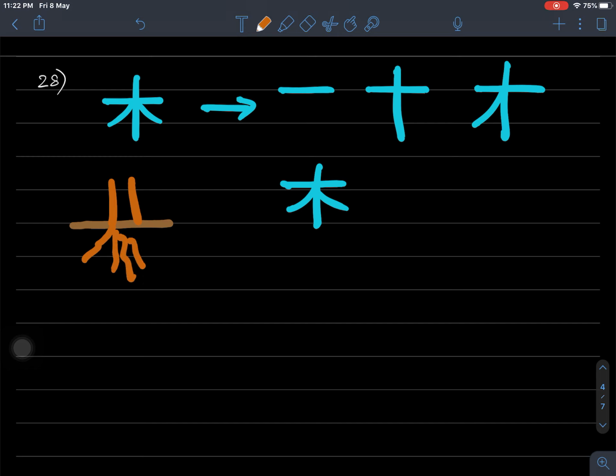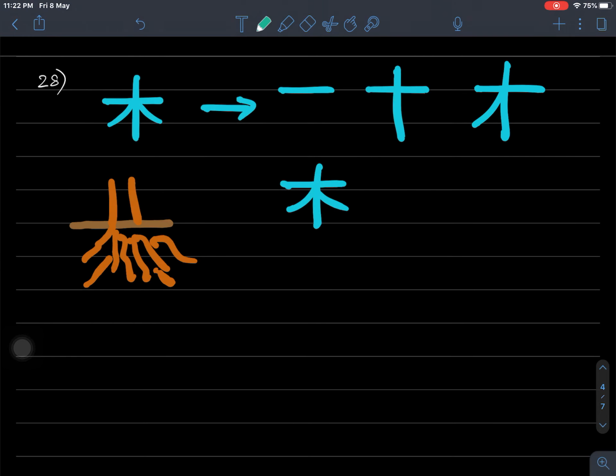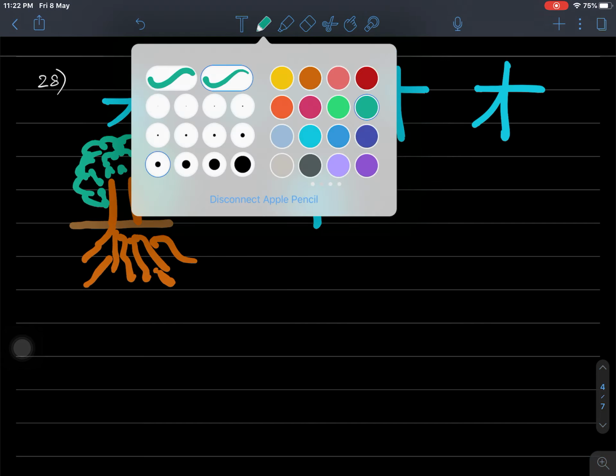It has its roots like so, and then it has several leaves, like so.